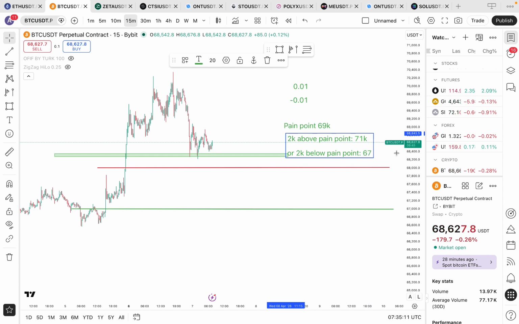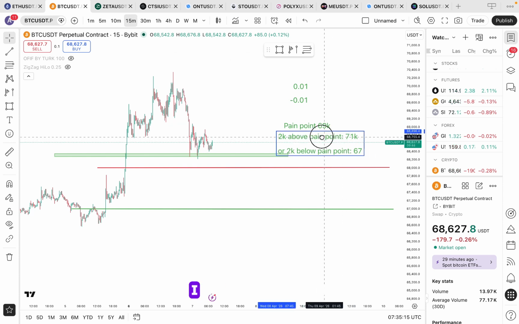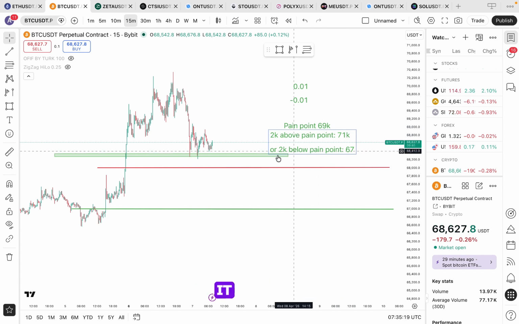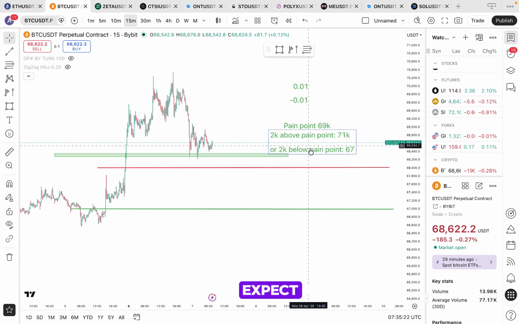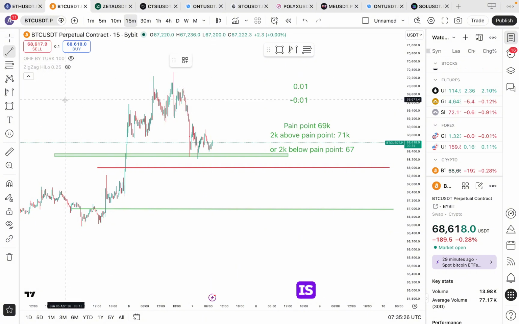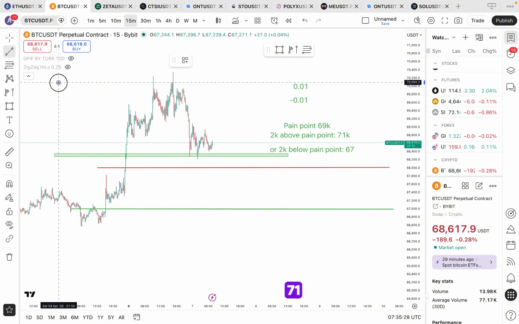So now when price gets to these two levels, I expect that this thing I'm teaching you now, you will not see it anywhere. Now I expect that price is going to reverse from here. Now what is 2k above? 71k. What is 71k? Let me look for it in my chart.